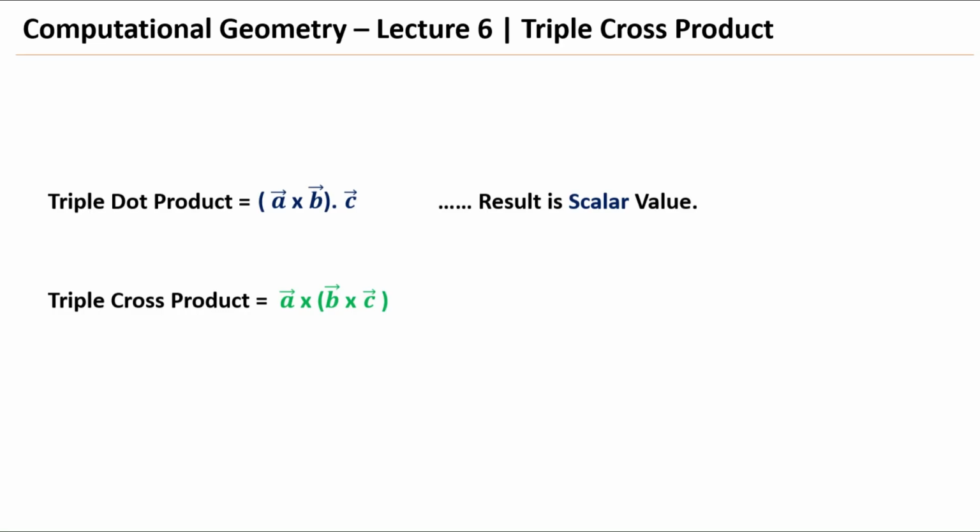The triple cross product is written as A cross B cross C. Unlike the triple dot product, the result here is not a scalar, it is a vector. This operation appears frequently in computational geometry, physics, and simulation algorithms, especially when we need to project vectors, remove unwanted components, or find directions constrained to a plane.